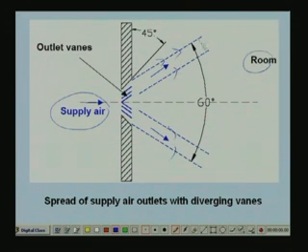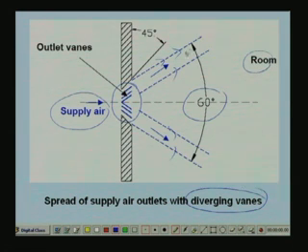This is your spread, and in terms of angle, these vanes are diverging vanes, as is mentioned here. For diverging vanes the spread angle is 60 degrees, whereas it is 19 degrees for converging or straight vanes. This spread can be in the vertical direction, and it can be in the horizontal direction also, that means perpendicular to the board.